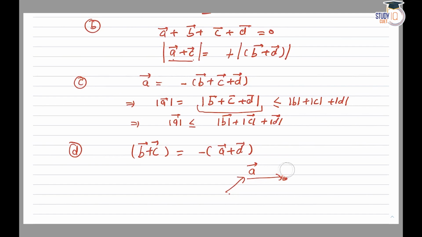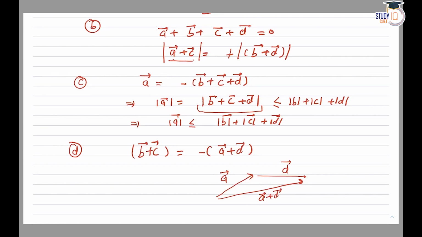So let's say this is A vector and this would be D vector. So this is the resultant, A vector plus D vector.